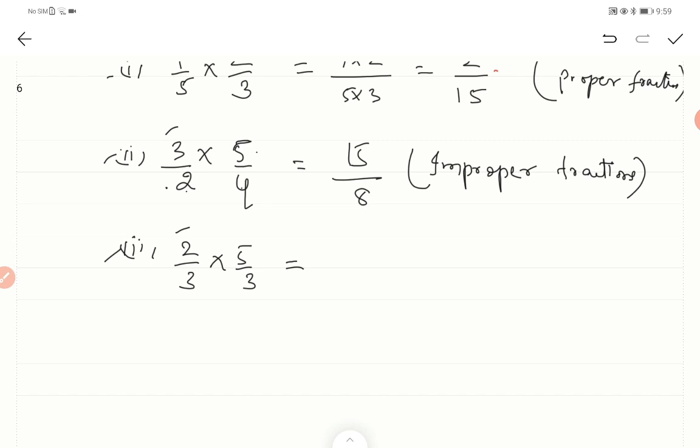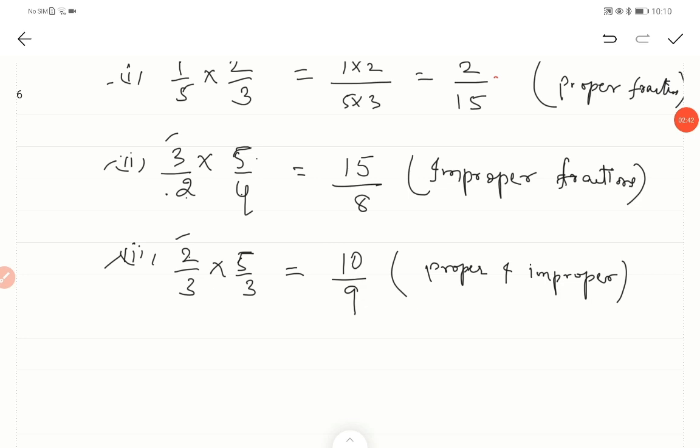It is a proper fraction, and 5 by 3 is improper because the numerator is greater than the denominator. The product of these two fractions is 10 by 9. So this is a mixture of both proper and improper, isn't it? Now let's observe the answers of these products.